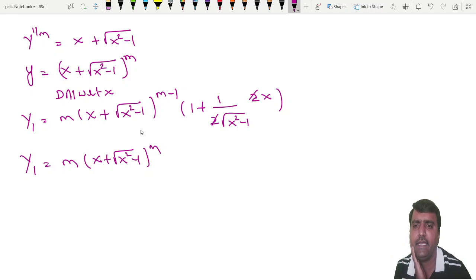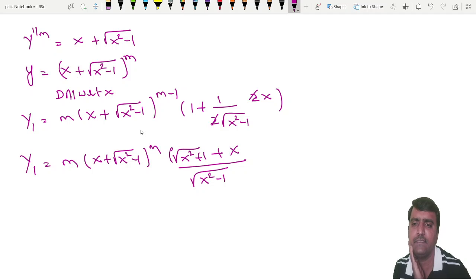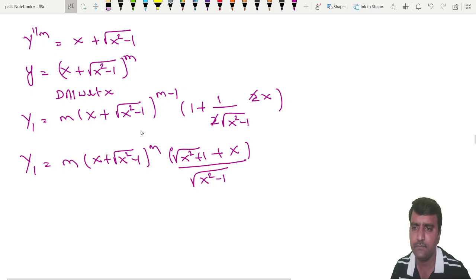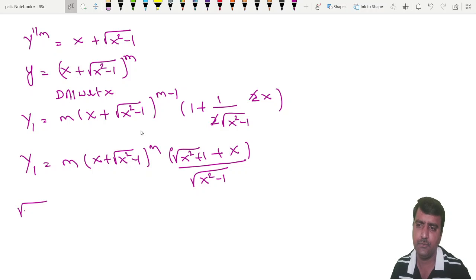Now y1 is equal to m into x plus root of x square minus 1 to the power m, and take this LCM. So its LCM is root of x square minus 1 plus x, this divided by root of x square minus 1. Take this root of x square minus 1, cross multiplication. It is root of x square minus 1 into y1 is equal to m into, you see, this is m minus 1, this is m minus 1, power m minus 1. If we multiply these two, so that is x plus root of x square minus 1.